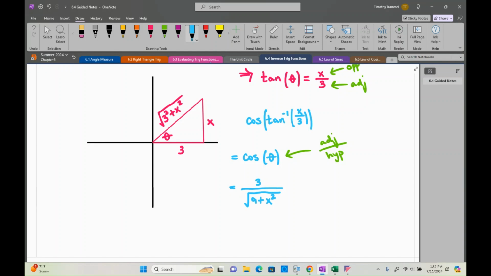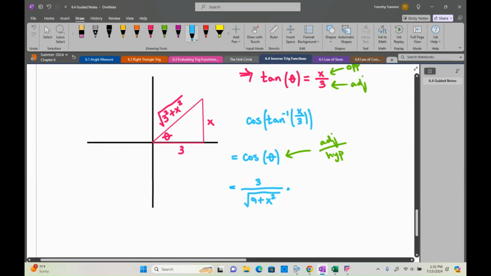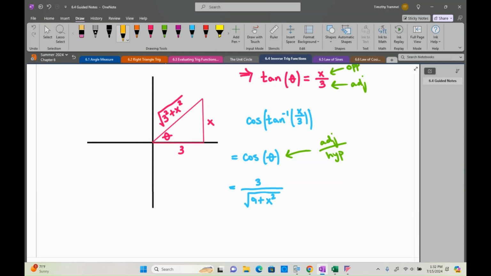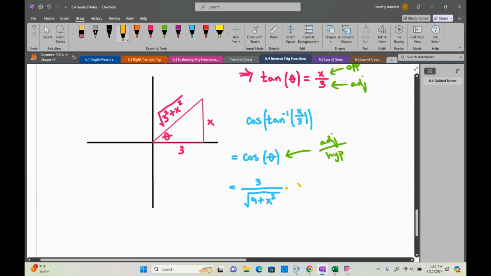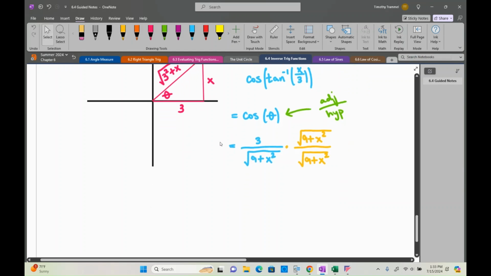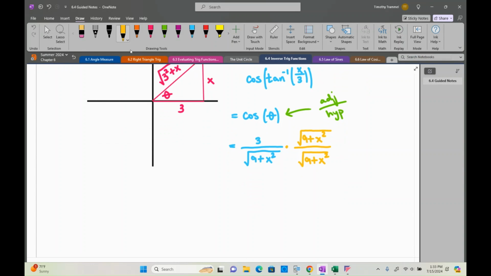But just in case the homework requires it, let's just note that if we wanted to rationalize this, we'd want to multiply here by the square root of 9 plus x squared in the numerator and in the denominator. And so in the denominator, the square root of 9 plus x squared times the square root of 9 plus x squared is just going to give us 9 plus x squared.